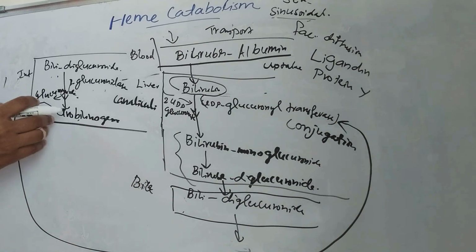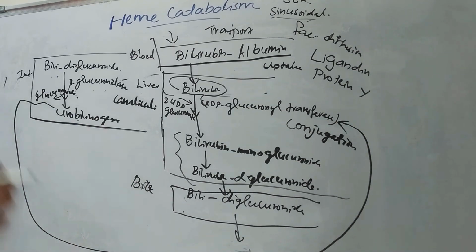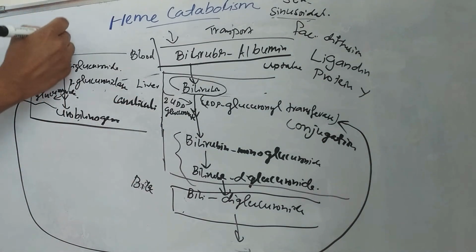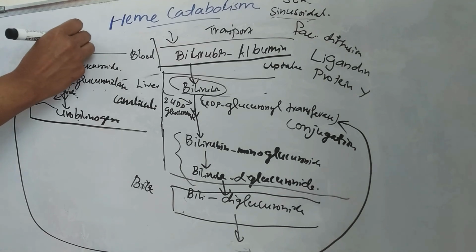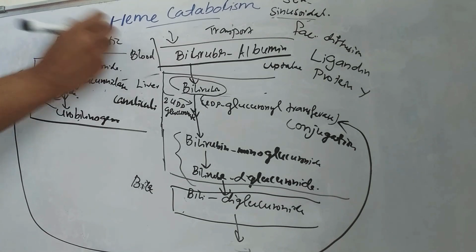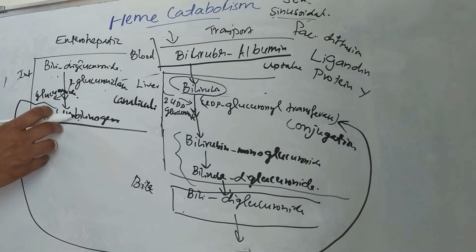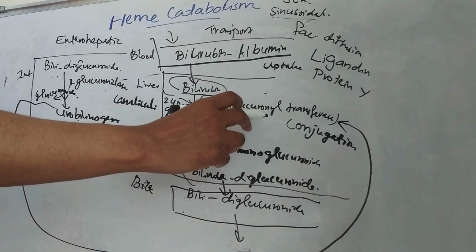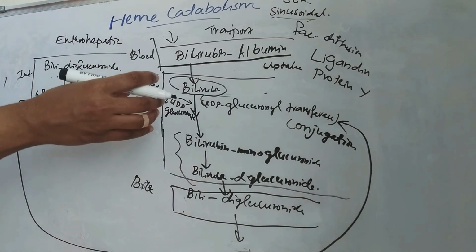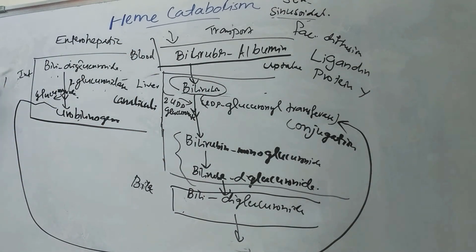This small portion of urobilinogen returned to the liver for its re-excretion is known as enterohepatic circulation of bile pigments.